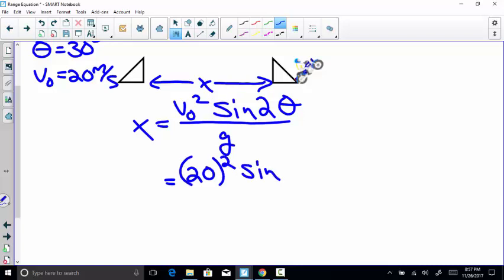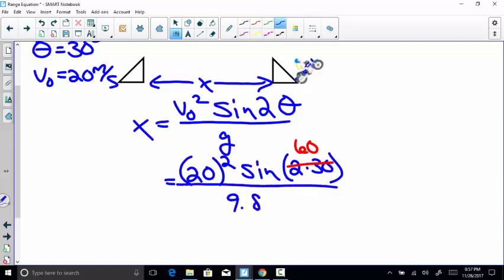This 2 theta is what gets everybody: it's 2 times 30, so this becomes the sine of 60, divided by 9.8 meters per second squared. And if you do that, we can find out how far it goes.